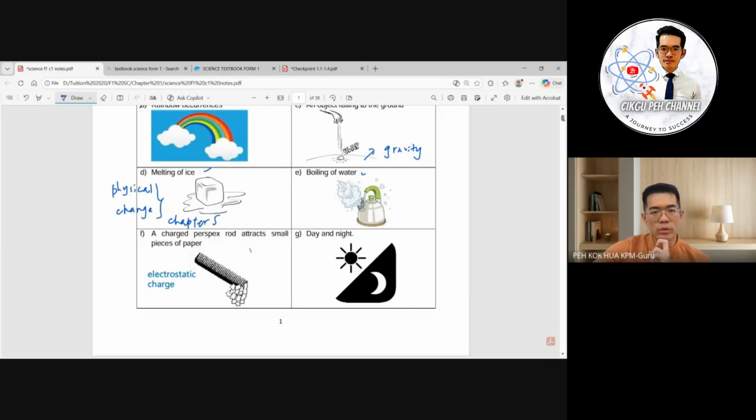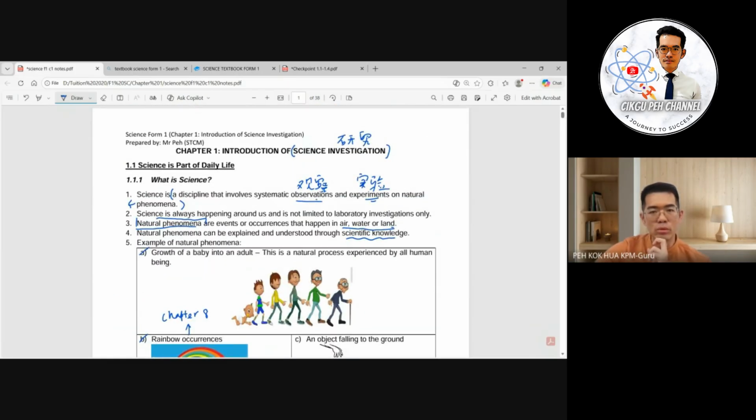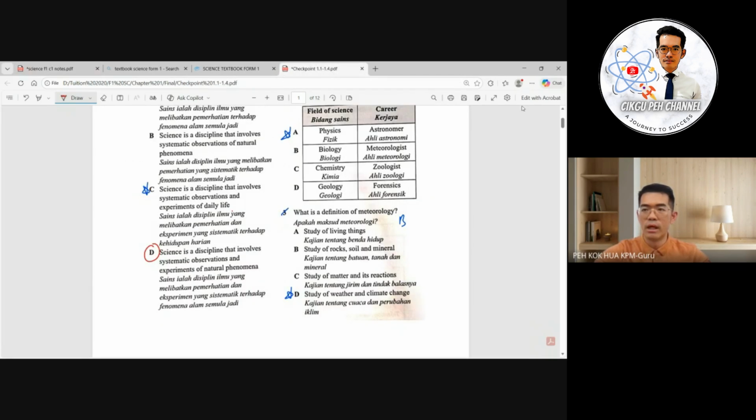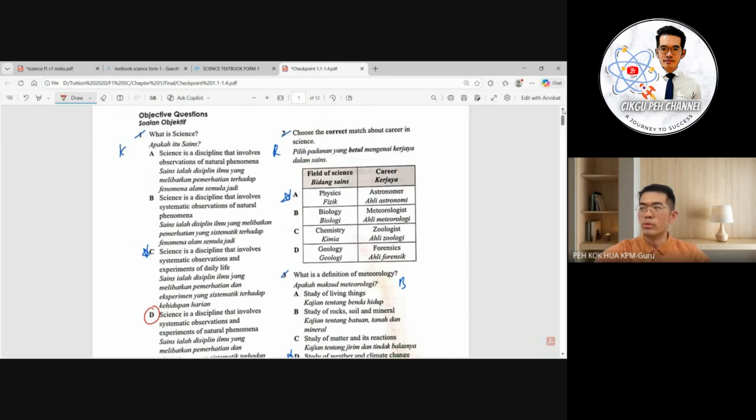So the definition must be related to natural phenomenon. So the keywords here: systematic observation, experiment on natural phenomenon. So it must have systematic observation and experiment about natural phenomenon. Okay, so the best answer is D.